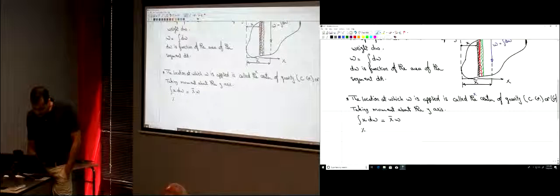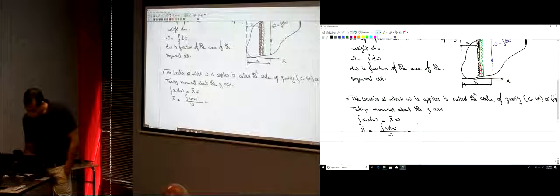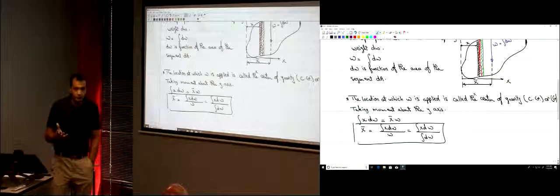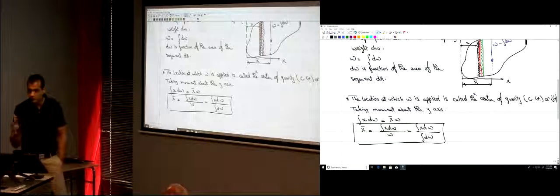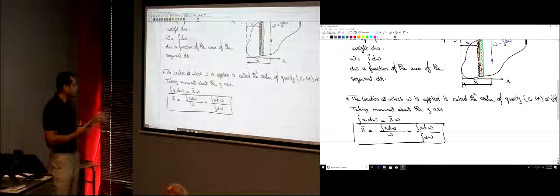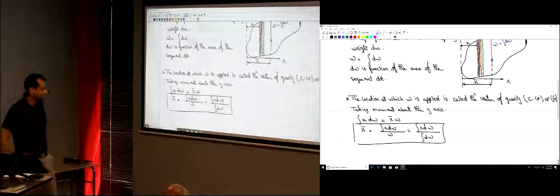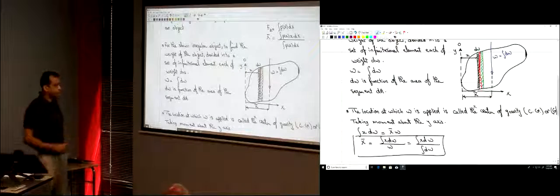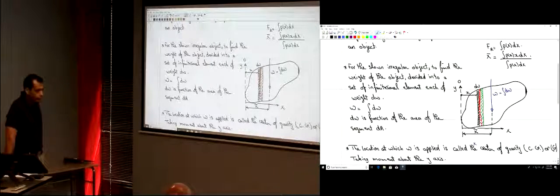That means that x bar is equal to the integration of x dw divided by W, and W was what? The integration of dw. It's the same as we did earlier for the distributed load. So this is the location of the centroid, x bar. So this is the location where this load W would be applied, okay? The weight of the object. This is the center of gravity.